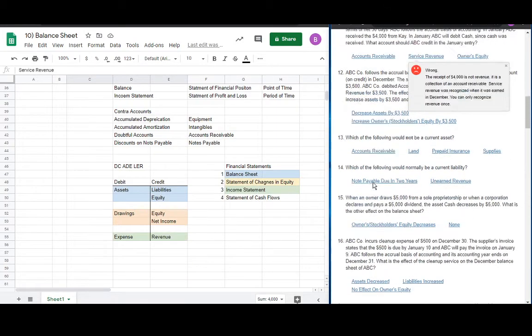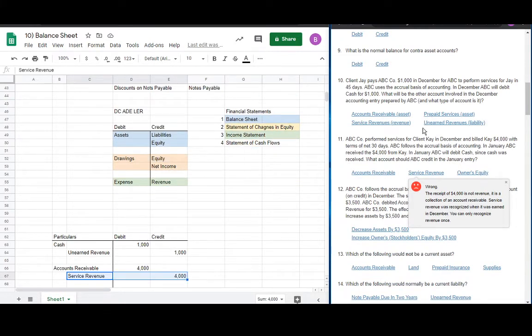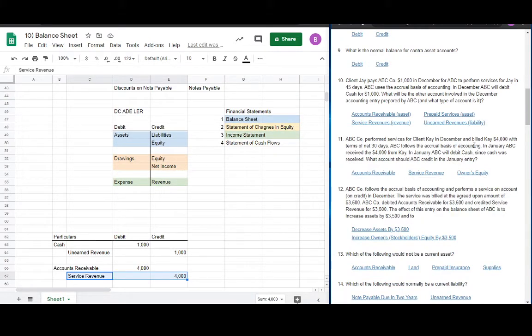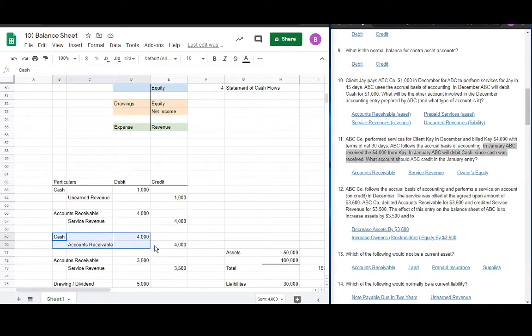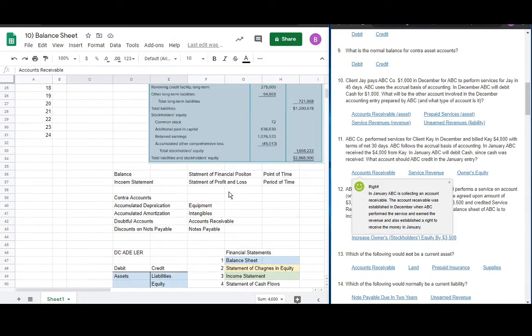Okay, sorry. And however, in January, the following month, this is the initial transaction on December, but on January, the client has paid the amount, so cash is going in, and we cancel out the accounts receivable. Yan.